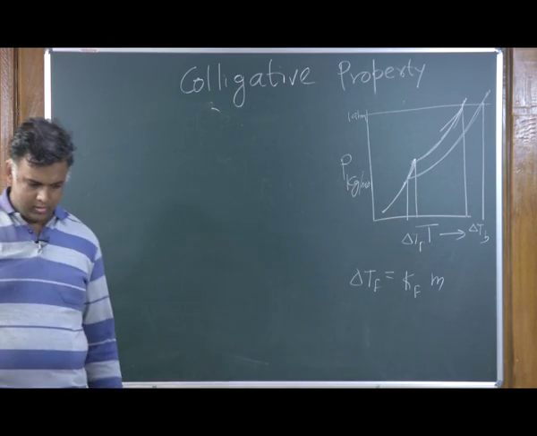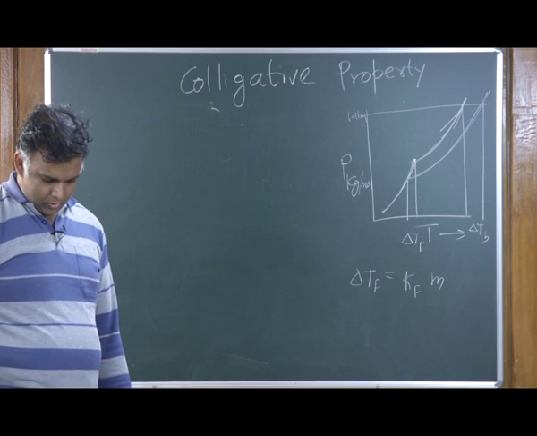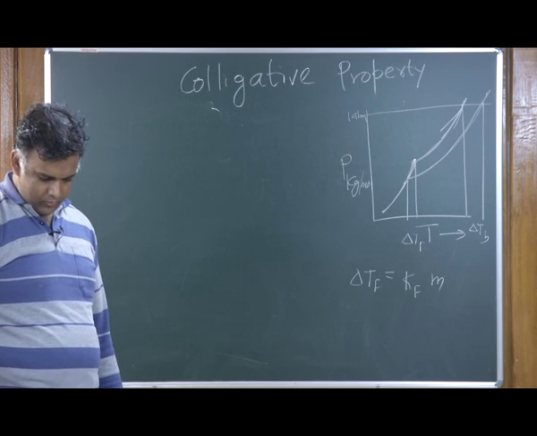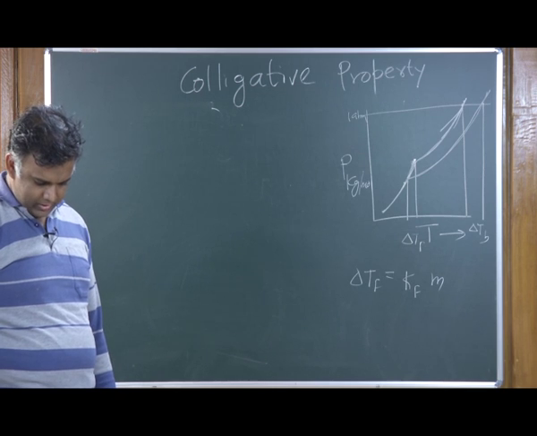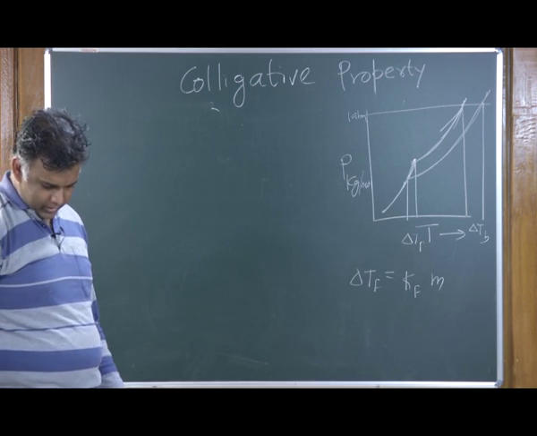Okay, let me read. 1 gram of non-electrolyte solute dissolved in 50 gram of benzene lowered the freezing point of benzene by 0.40 Kelvin.